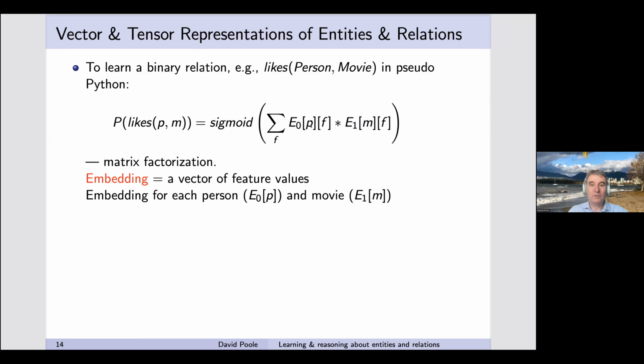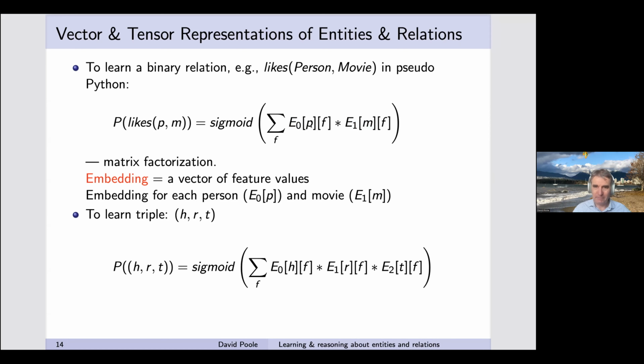But I wanted to write it like that because if you look at it this way, if you want to learn a triple, well, instead of multiplying two things, the obvious solution is to multiply three things. So here is the same thing as before, but instead of multiplying two things, we're going to multiply three things. So there's the embedding for the head, the embedding for the R, and the embedding for the T, and there's a three-way version of the dot product, right?